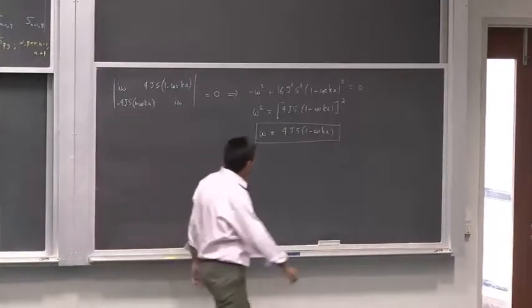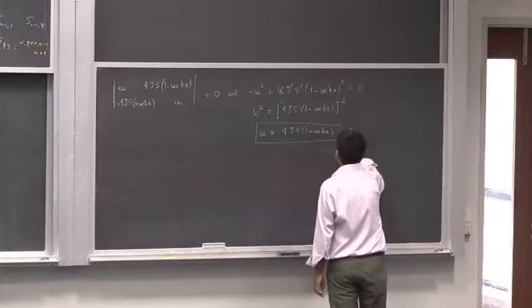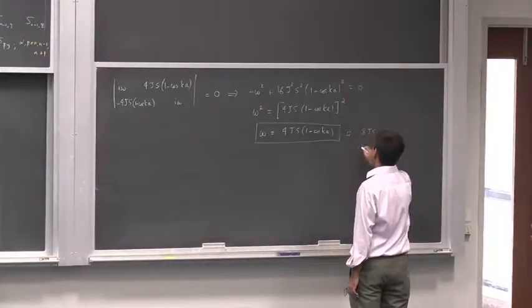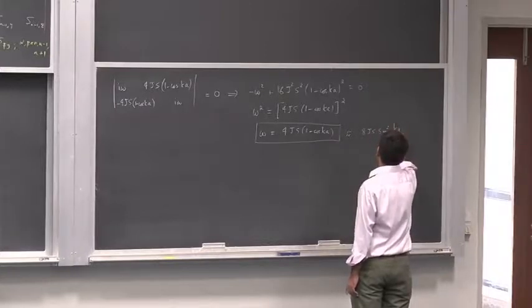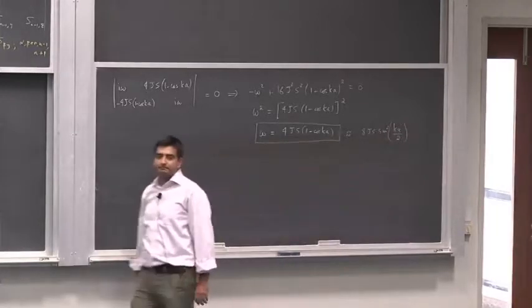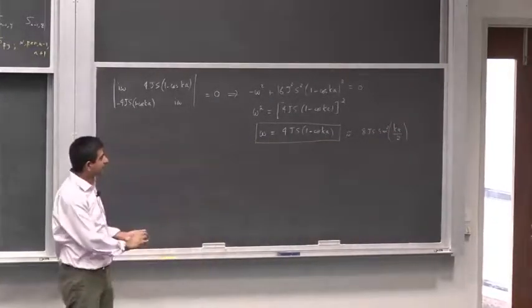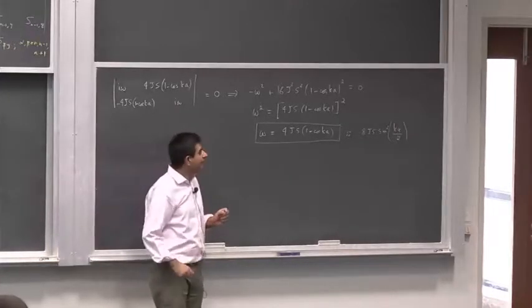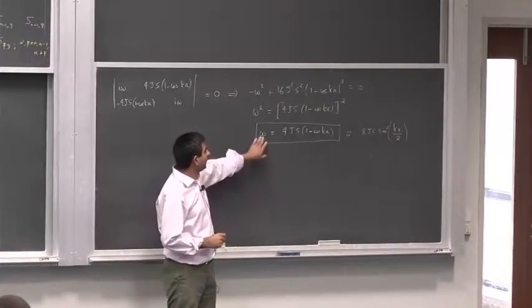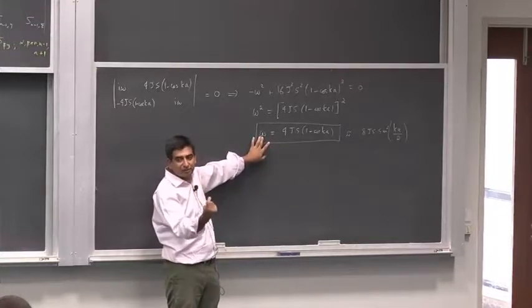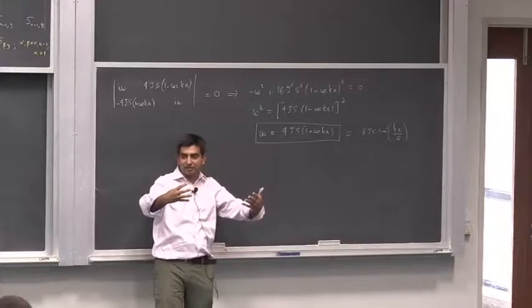It's also the same as 8Js sine square Ka over 2, right? This is the dispersion relationship. Now what is the dispersion relationship? It tells us the relationship between the energy, which is omega of the wave, h bar omega is the energy of the wave associated with this excitation.